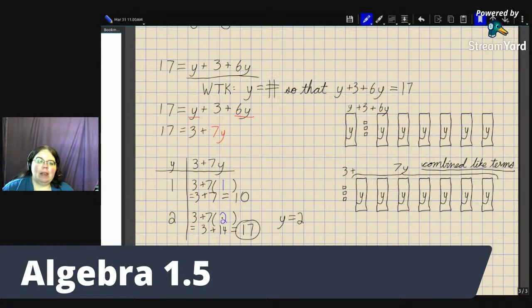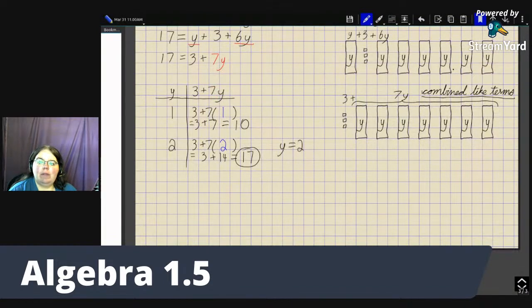Because what if it were something outlandish? In fact, let's do a harder related problem. So what if instead of 17 over here, we would have started with 12. So 1 is too little, 2 is too much.